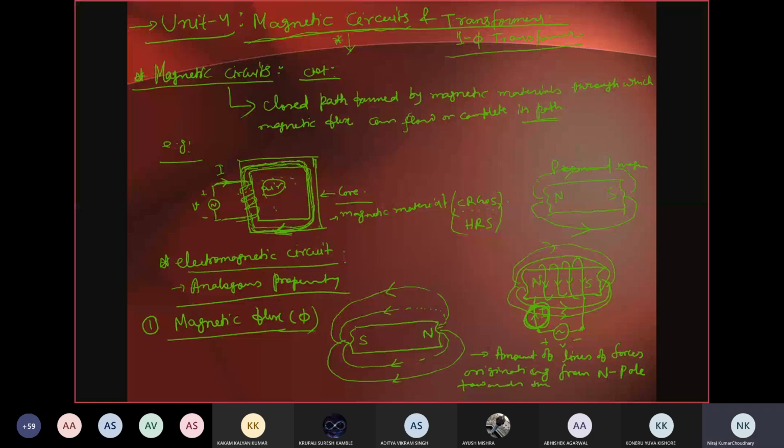This is your definition of the flux, that is the amount of lines of force. ठीक है, so normally this flux is represented, the unit is in Weber.